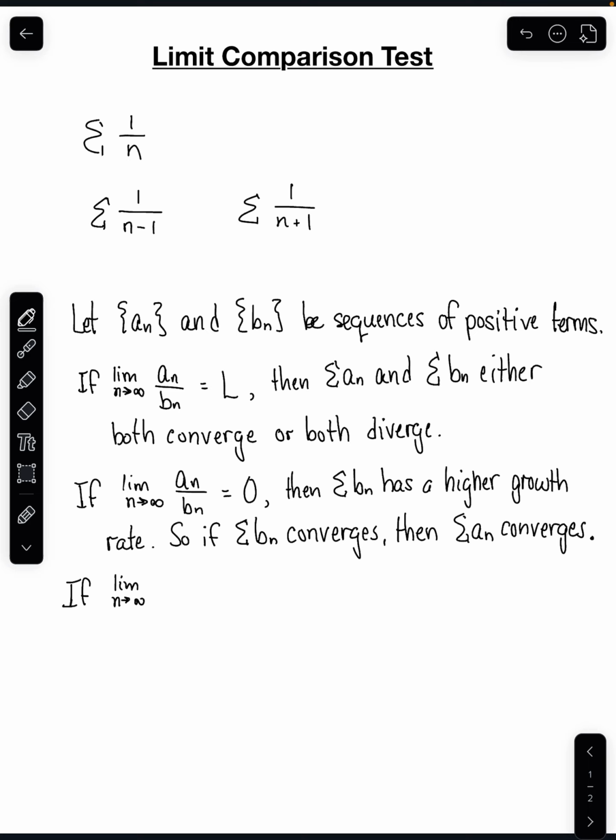Going the other direction, if the limit as n approaches infinity of a sub n over b sub n is equal to infinity, then in this case, it's because the terms of a sub n have the higher growth rate.